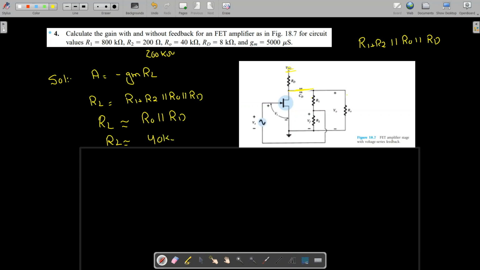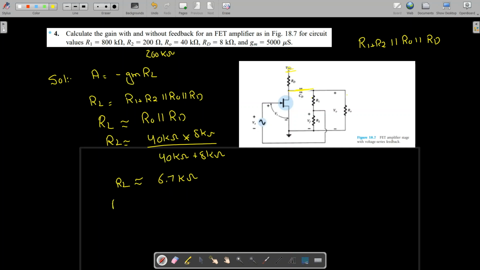So this is 40 kilo ohm multiplied by 8 kilo ohm divided by 40 kilo ohm plus 8 kilo ohm. This is just the parallel combination formula, R0 multiplied by RD divided by R0 plus RD. So RL comes out to be 6.7 kilo ohm.